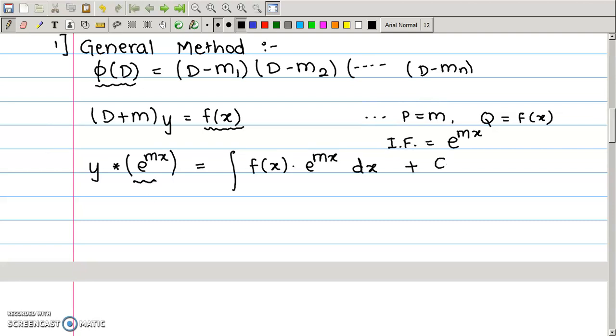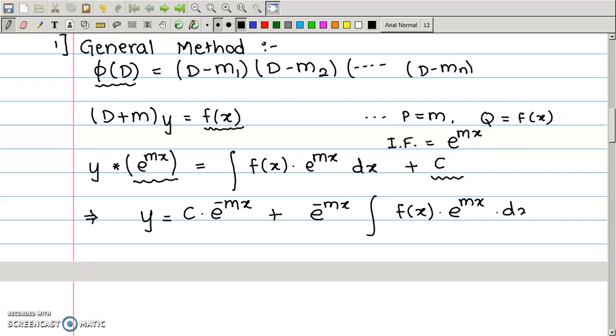If you take this exponential function on right hand side, then we can rewrite it as y times, after multiplying e raised to minus mx, y equals c times e raised to minus mx plus e raised to minus mx times integration of f of x into e raised to mx dx.